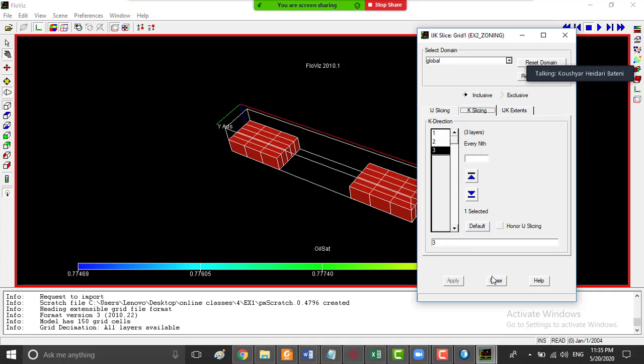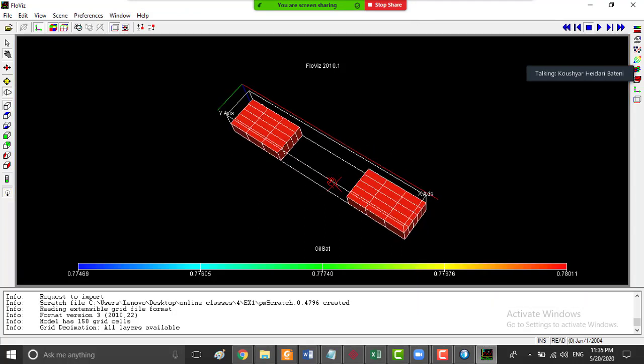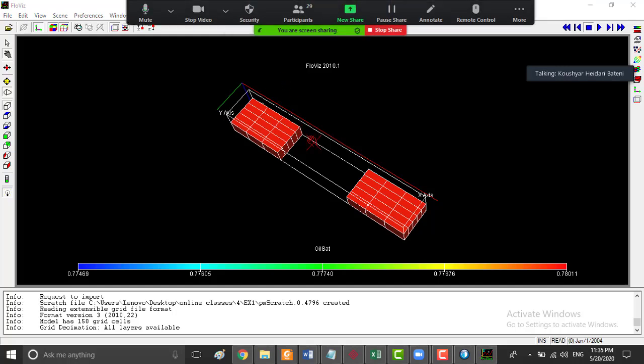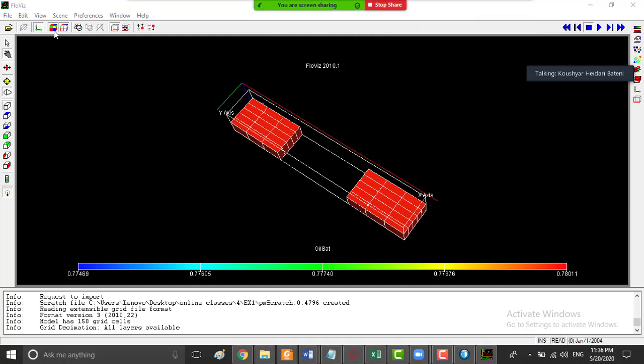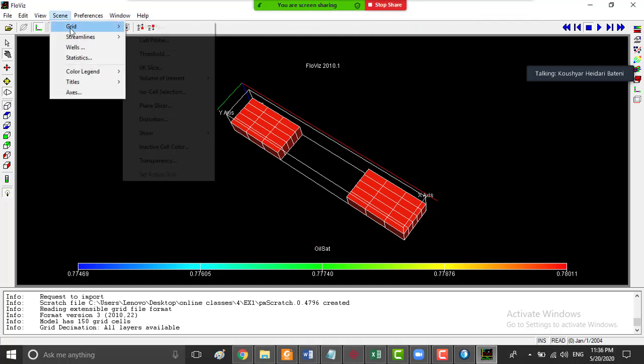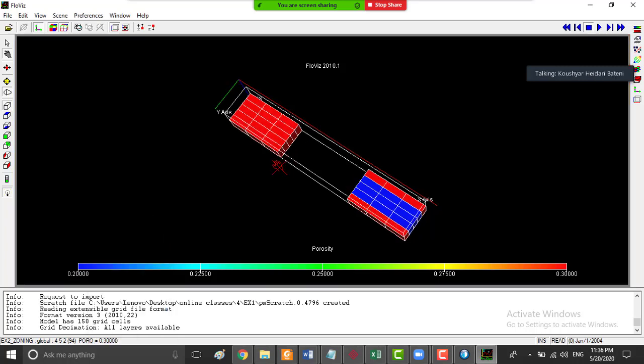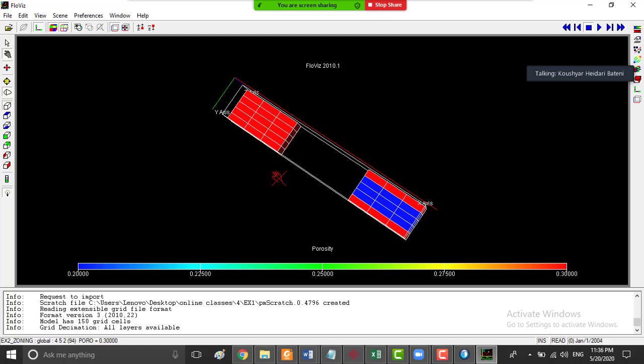So here I'm only showing the third layer. Now, you see that here, and let me change the property also to porosity. So, do you see this?